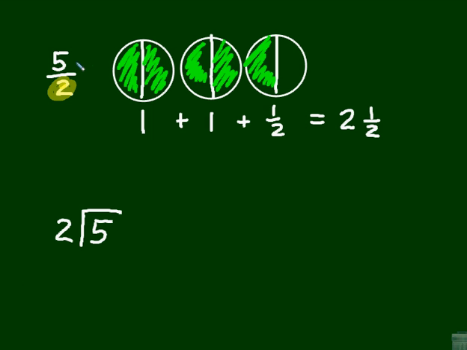I always think of this number right here kind of just falling over and going inside of the box. See how that 5 was up here and it kind of just fell over and went inside the box? That way you'll know to write it the right way.